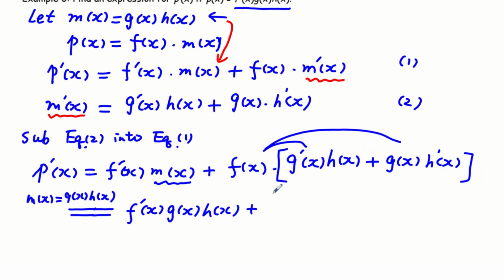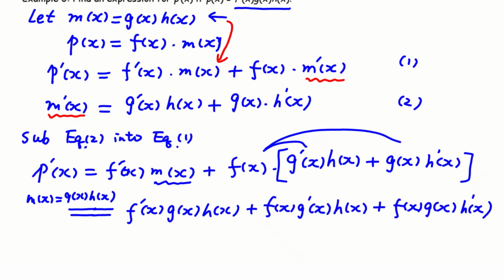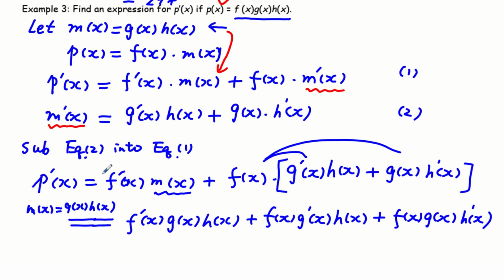We call this simplification: the final answer needs to have no brackets and no like terms. So we get rid of the brackets: f prime x times g at x times h at x, plus f at x times g prime x times h at x, plus f at x, g at x, h prime x. Then from this question, what I want you to see is, did you see any pattern?